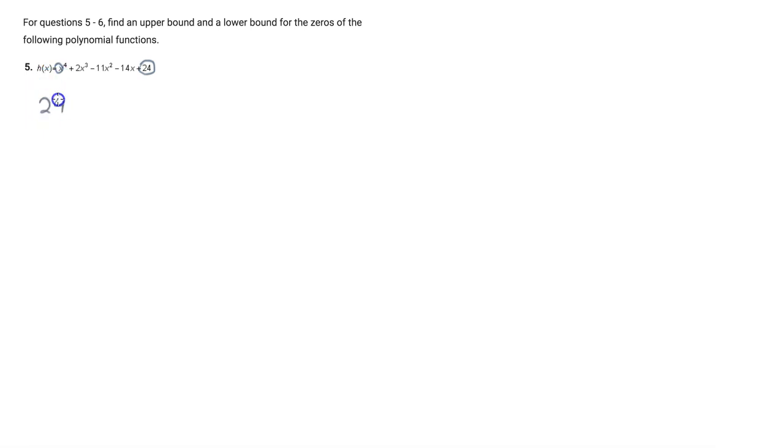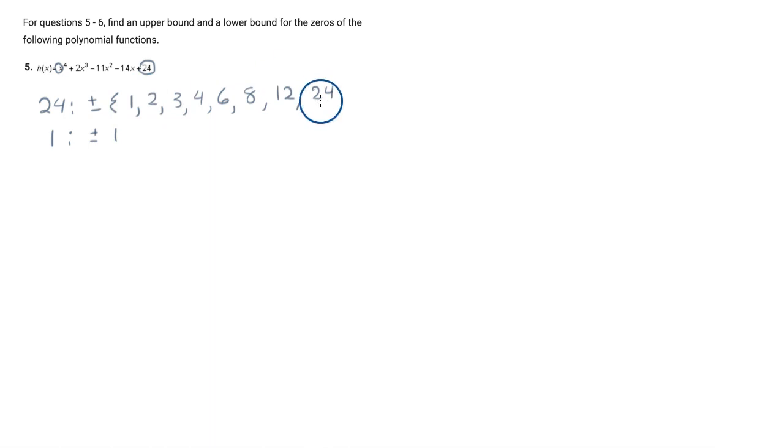So the factors of 24, we could have positive or negative, remember, 1, 2, 3, 4, 6, 8, 12, and 24. And obviously the factors of 1 are simply positive or negative 1.